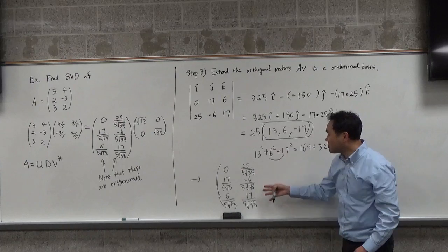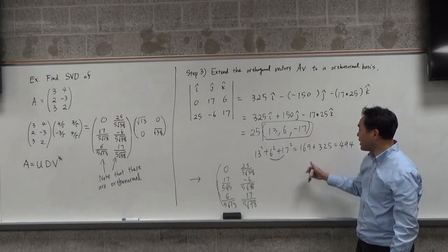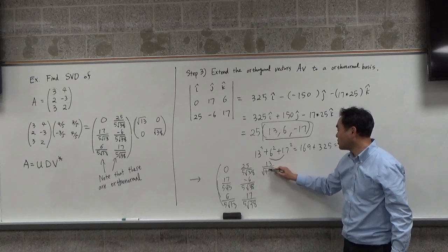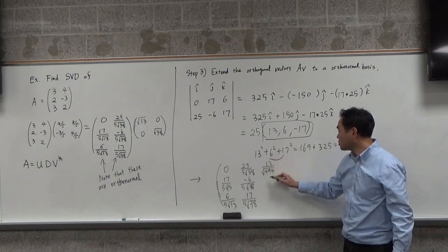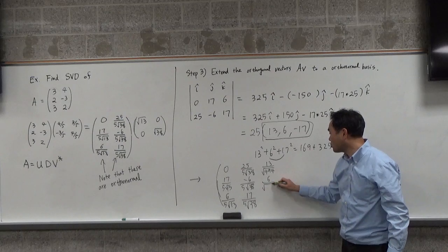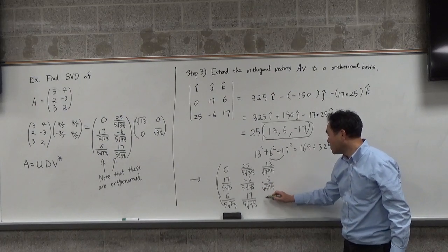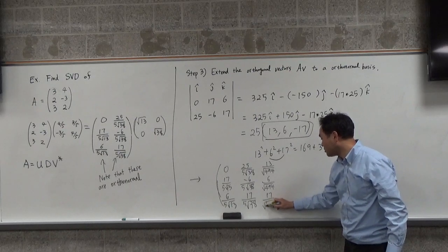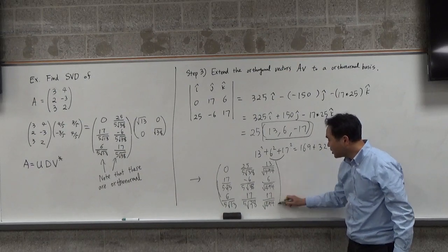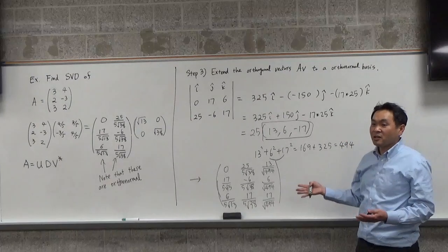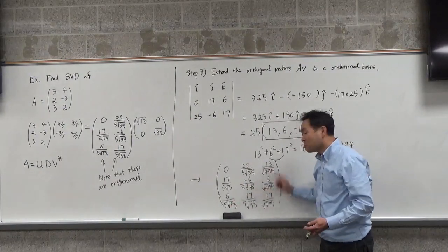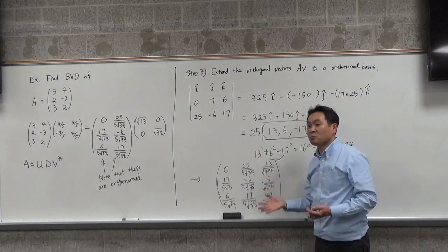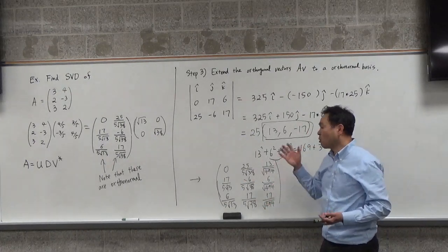And then I augment that with this new vector that we obtained, which is 13 divided by square root of 494, and then the next one is 6 divided by square root of 494, and then 17 divided by square root of 494. The columns will make up an orthonormal basis, so that overall, this will be an orthogonal matrix.